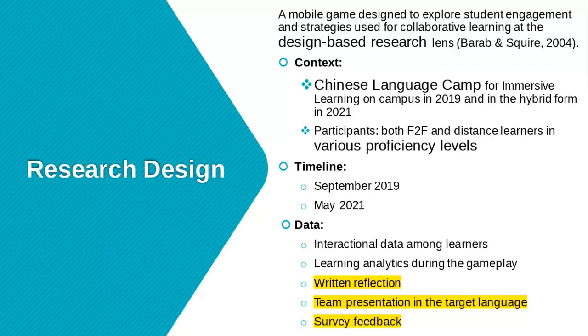As a result, we kept the big hunt at the library, and in 2021 we designed a new one for students who cannot come to the campus, which we called the big hunt at home. The participants are not just first or second year or specifically third year students. They come from all levels of proficiency, students in different proficiency levels across the 3 years of the program.